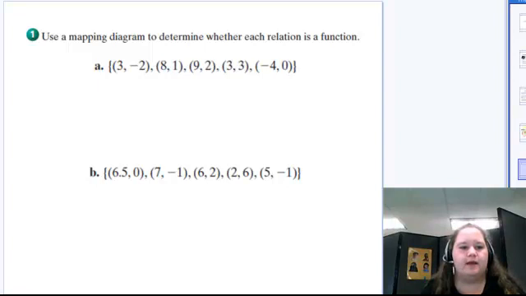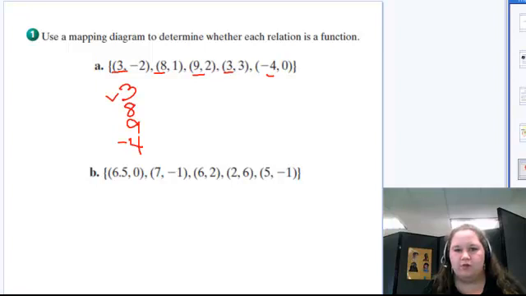Alright, so let's go ahead and write this stuff down. Now remember, domain is the first number that you see. So we have 3, 8, 9, 3 again, and -4.